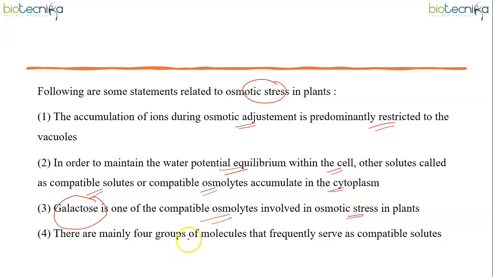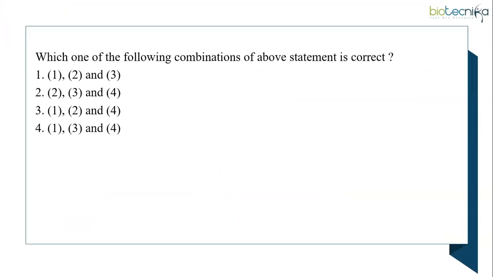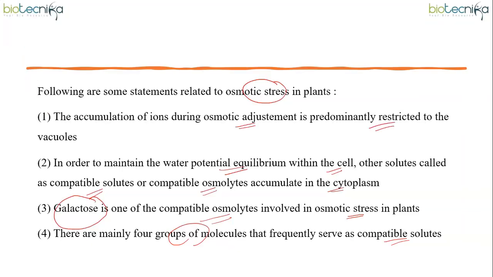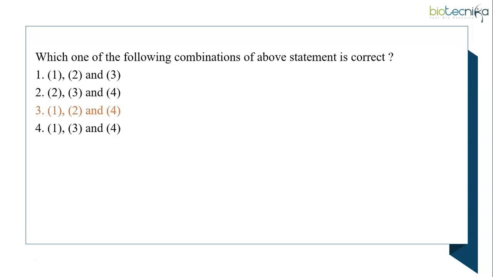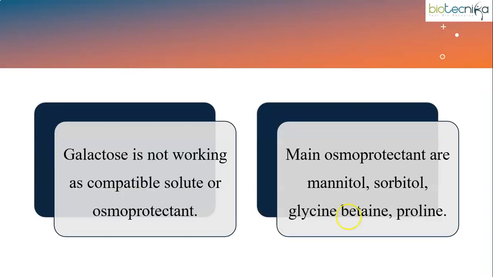And there are mainly 4 groups of molecules which are commonly used as compatible solutes. So what is the correct combination over here? Statements 1, 2 and 4. That means galactose is not an example of an osmolyte. So remember one thing: galactose is not working as a compatible solute or an osmoprotectant.